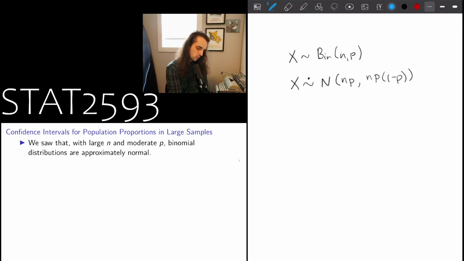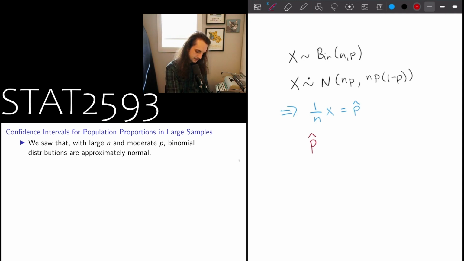So if we take 1 over n times x, which is what we've defined to be the sample proportion, where x is the total number of successes, you divide that by the total number of trials to get the sample proportion.